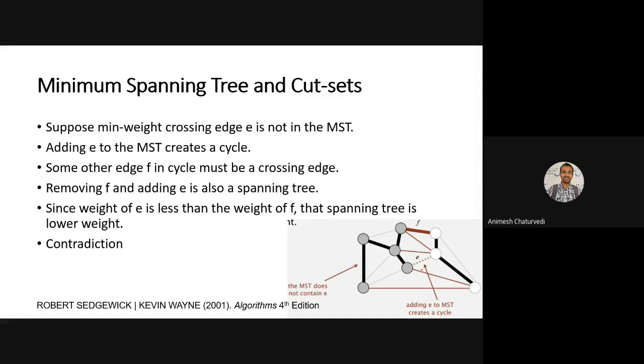So you assume that E is not part of the minimum spanning tree, although it has already been given as the minimum weighted crossing edge. But it's not part of the MST. You assume this in the theory.